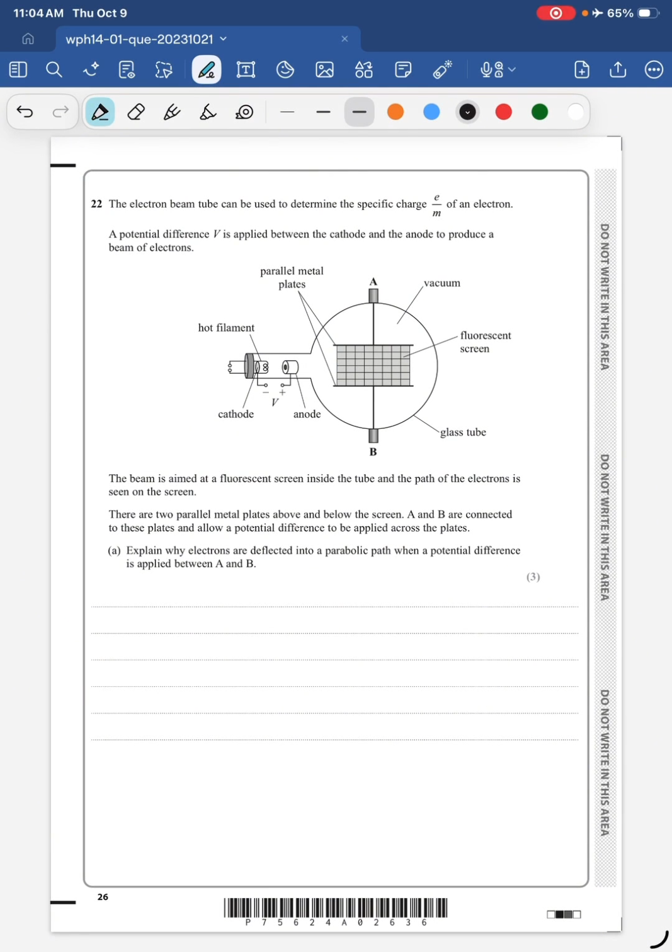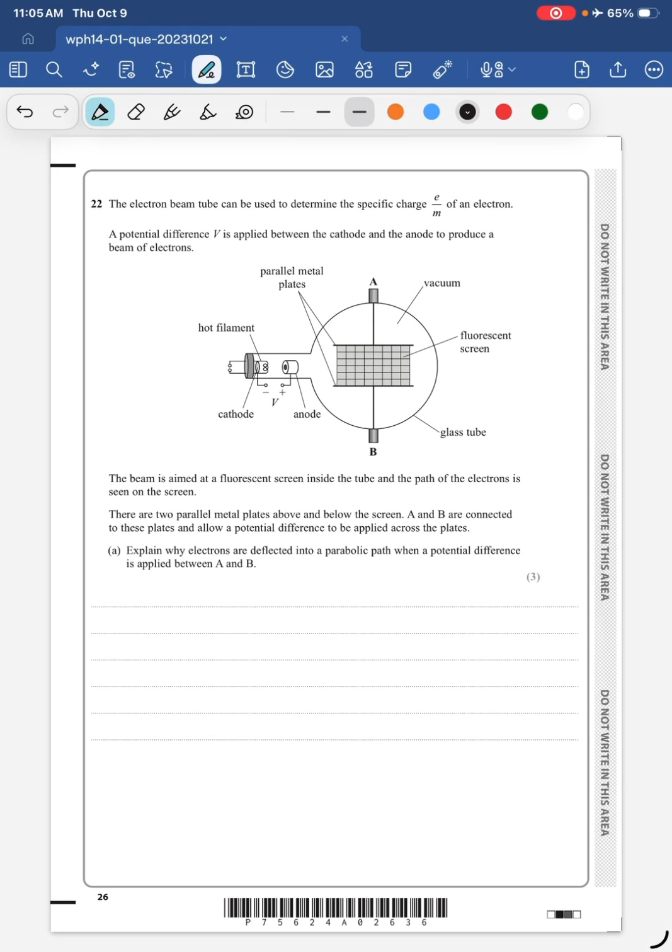There are two parallel metal plates above and below the screen. A and B are connected to these plates and allow a potential difference to be applied across the plates. Explain why electrons are deflected into a parabolic path when a potential difference is applied between A and B.